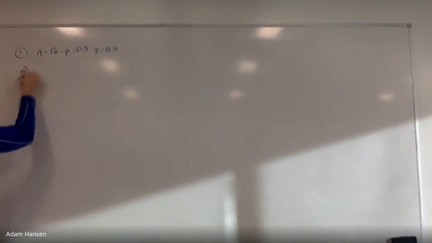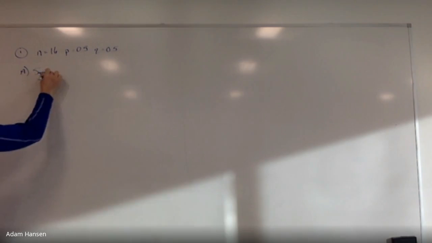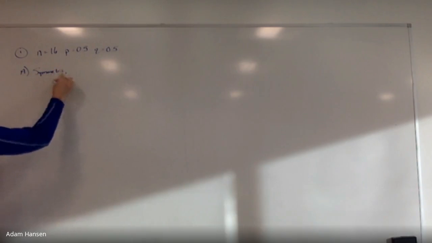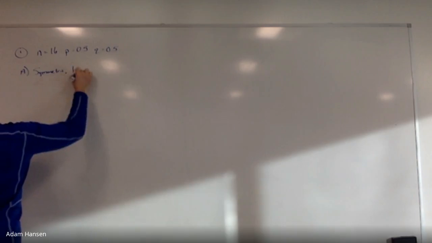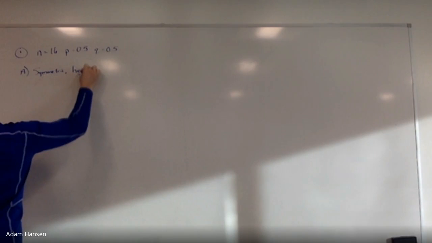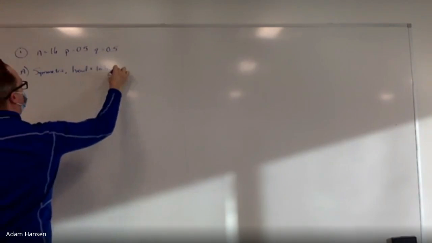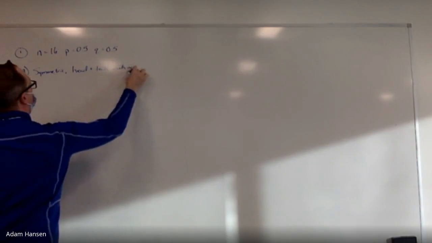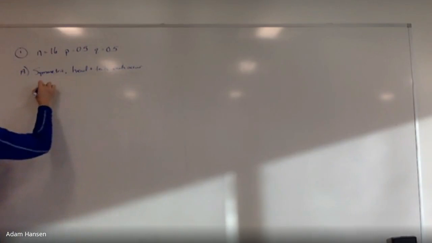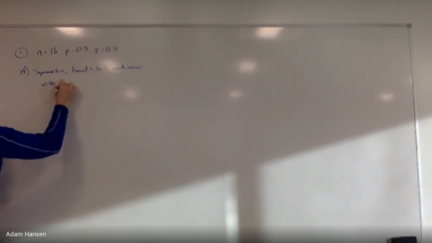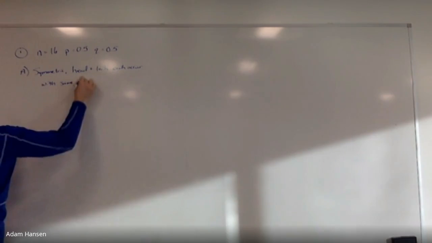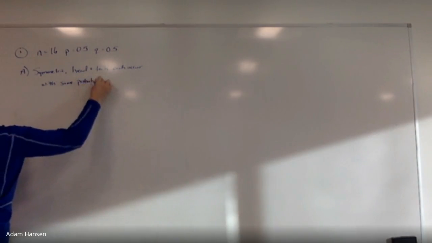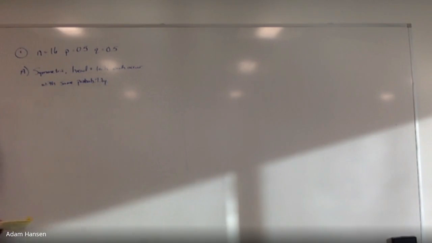For part A, we'd expect this distribution to be symmetric, because heads and tails, p and q, each occur 50% of the time. Heads and tails are each equally likely to occur, with the same probability.